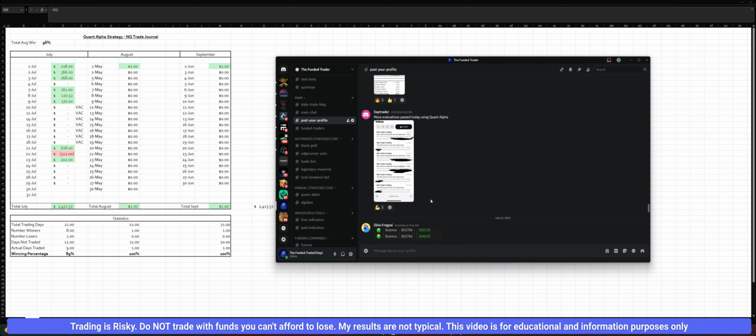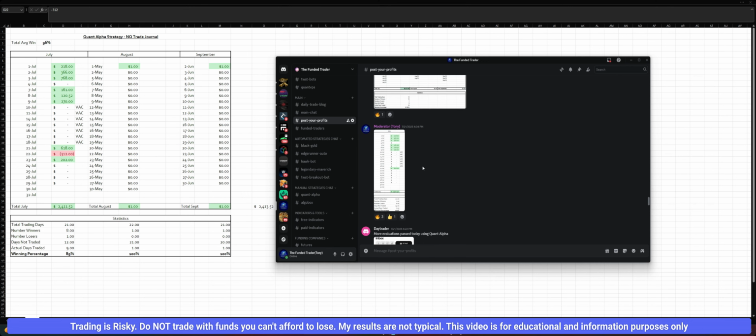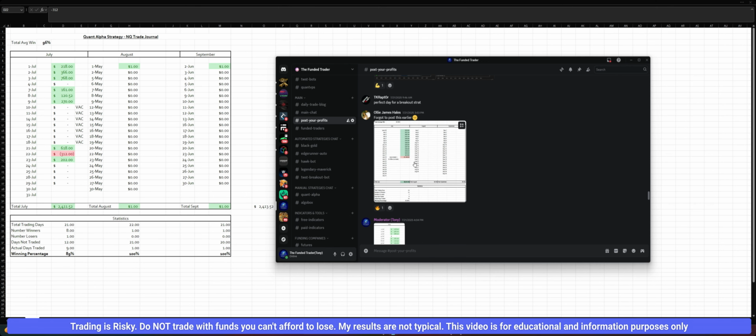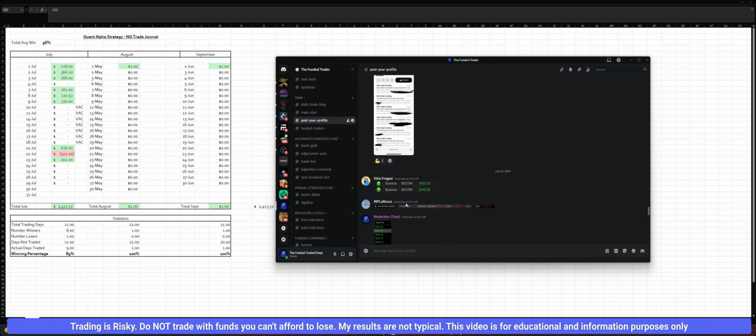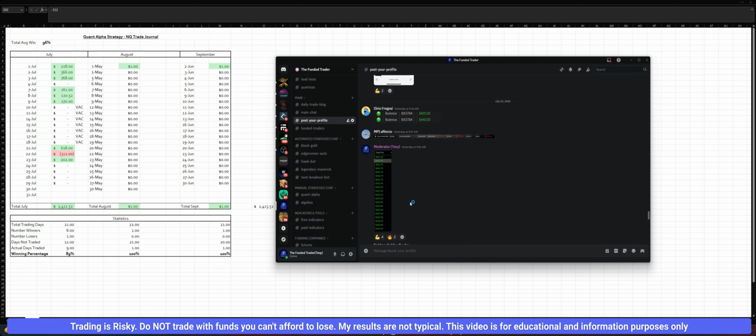Let's take a look at the Discord on the folks that are getting profits. We had our friend Day Trader just got more evaluations passed today using Quant. Ollie doing well, making profit. You could see all the folks that are in there. Bulanox, we had Dario. Sorry if I butchered your name, Dario. Just got funded as well.